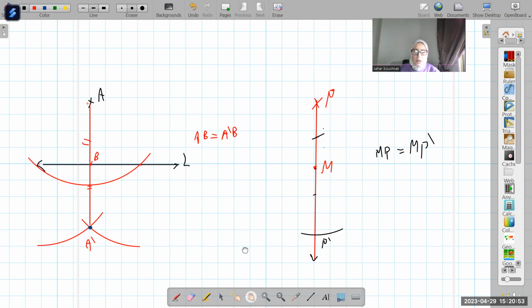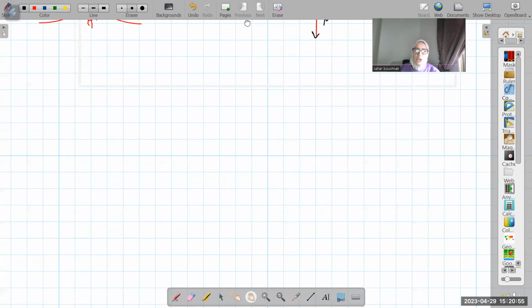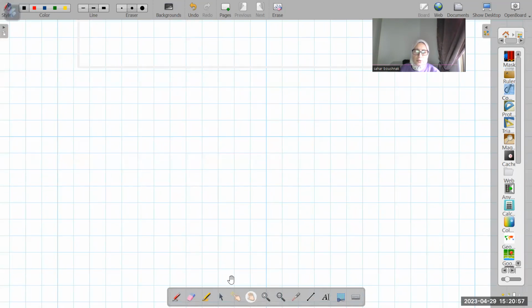Then let's talk about the rotation and translation. If I want to make a translation, let's say this is point M, L. Now, if I want to translate point L, let's take an example like this.